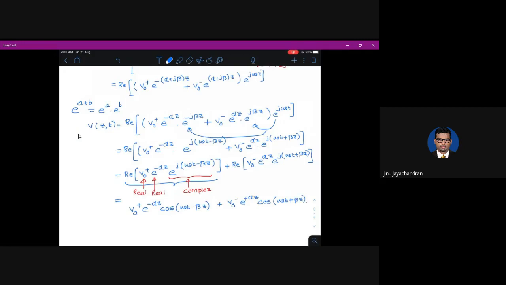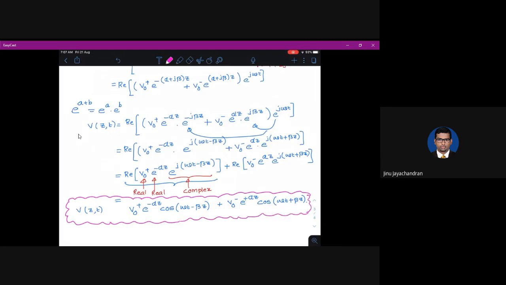So this is the waveform that you see in terms of time and position inside your transmission line. We are going to analyze this waveform. We are going to see how the waveform looks like, because we found the solution.